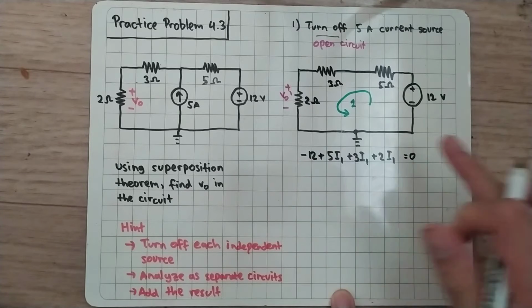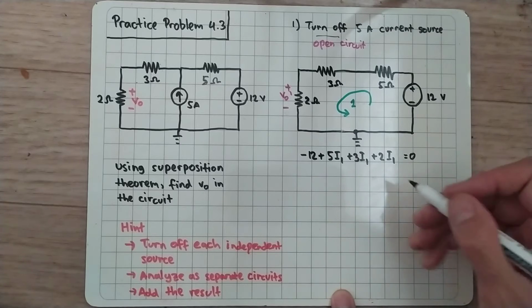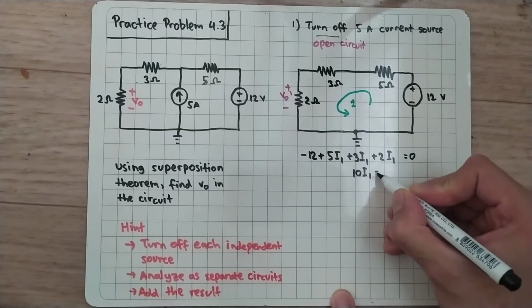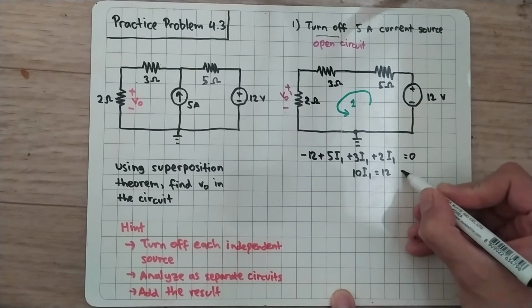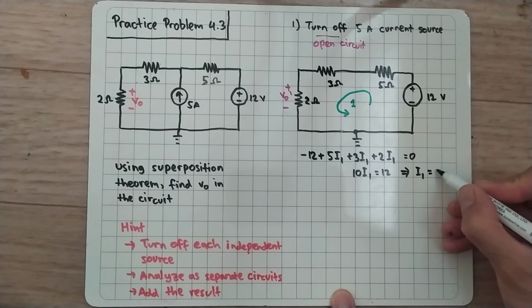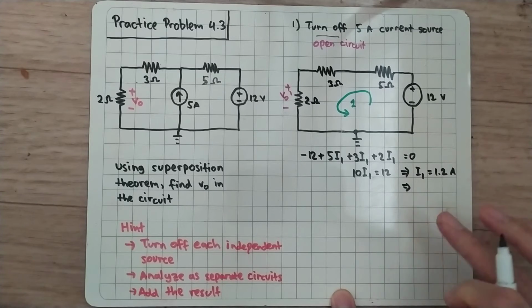We can move this minus 12 to the right hand side, and 5 plus 3 plus 2 is 10, so I will have 10 I1 is 12, so I1 is 1.2 ampere.